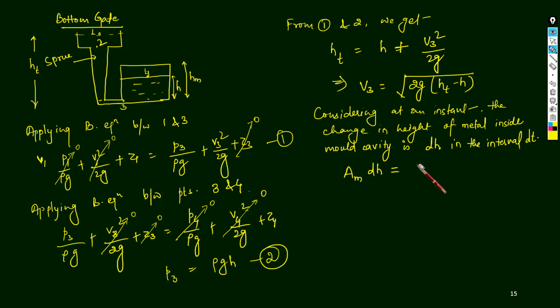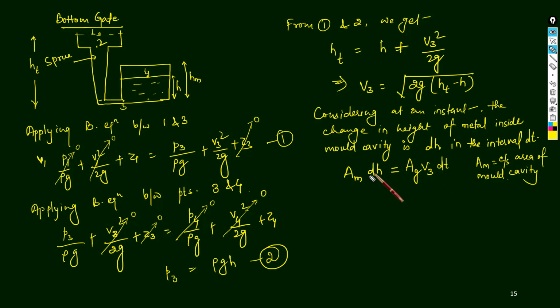Obviously the velocity at point 3, that is V3 into dt, is the length, into the area, so the area is Ag. Clear? And Ag we know already, V3 we know.